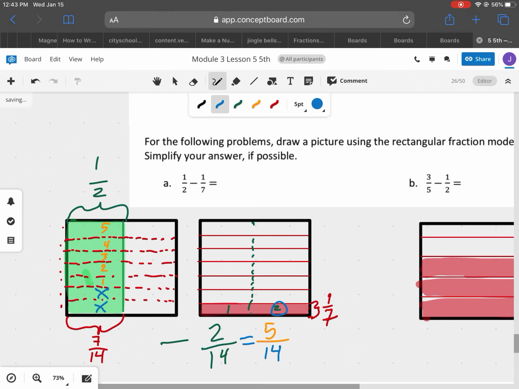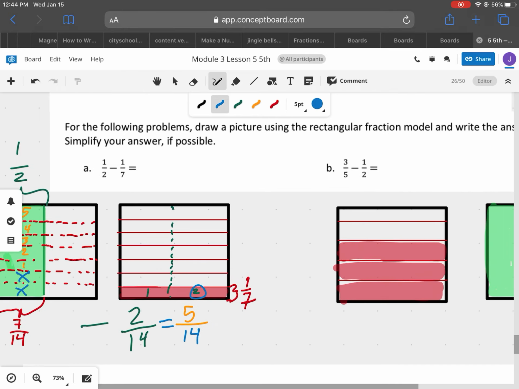After I cross out, I take away, I subtract the 2 14ths that my second one shows. That's what the x's represent, the 2 14ths. And when I take that away, I'm left with 5 out of the 14. So my answer is 5 14ths.